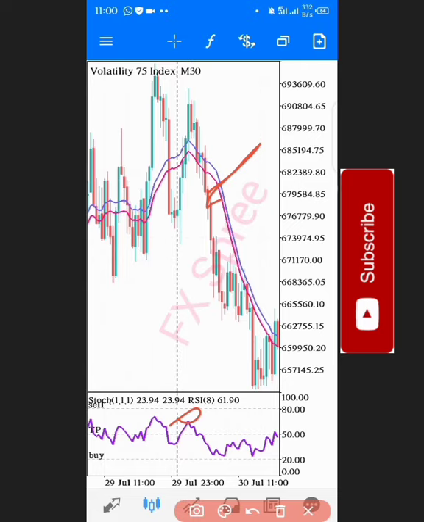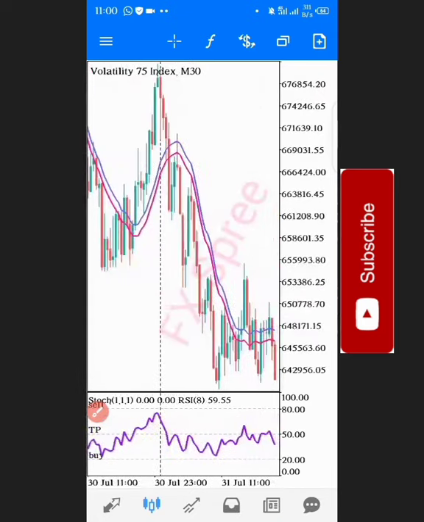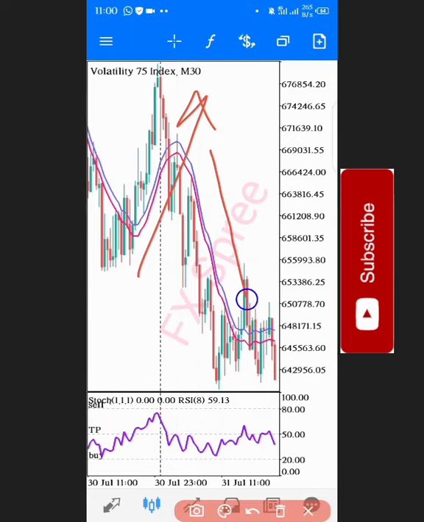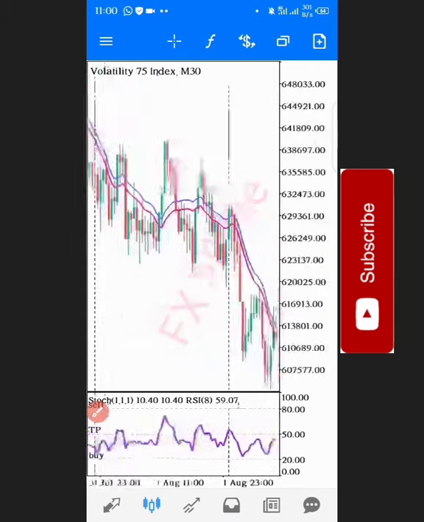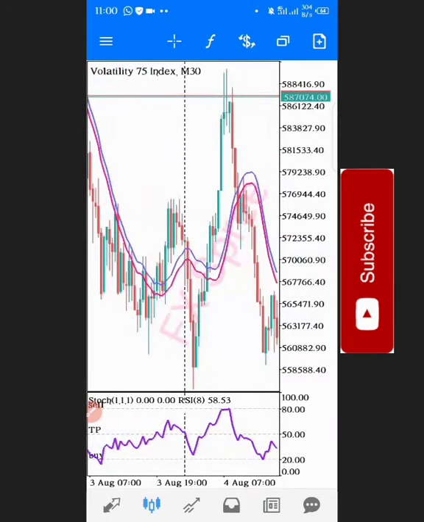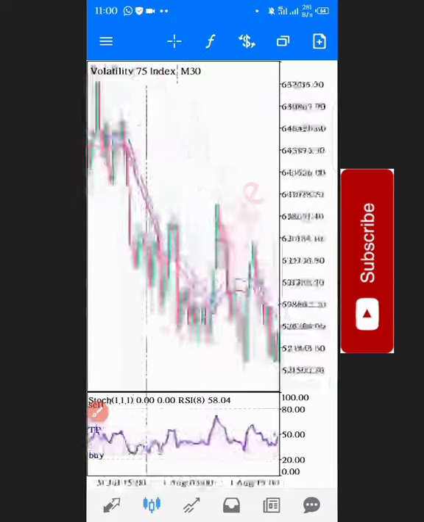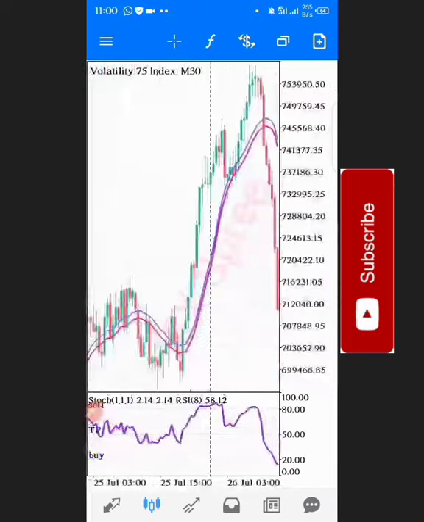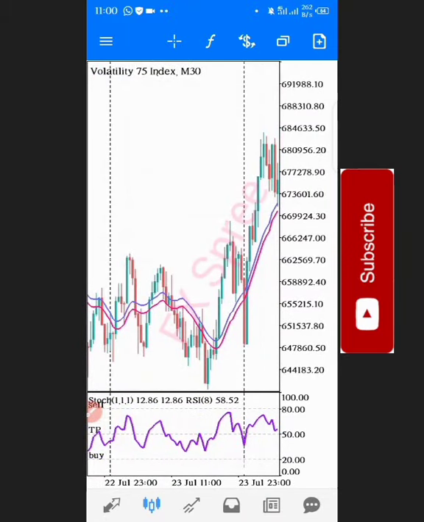Then it comes down like this, it retraces here, that is correction, then back down again, until this place. That sell ends there. So that is how to use this particular strategy successfully.